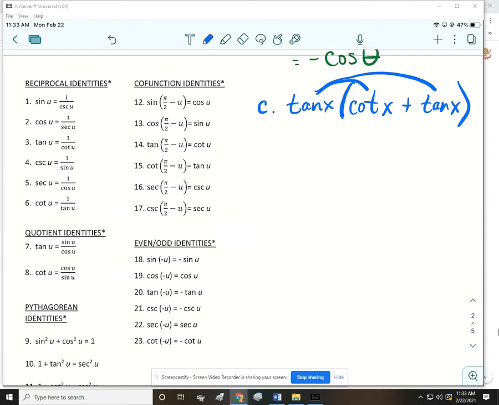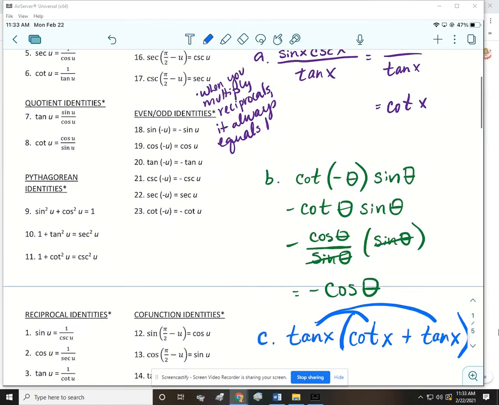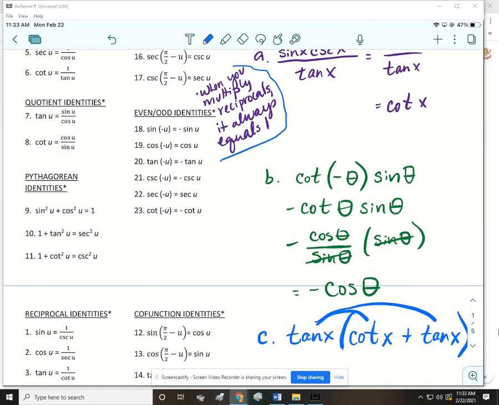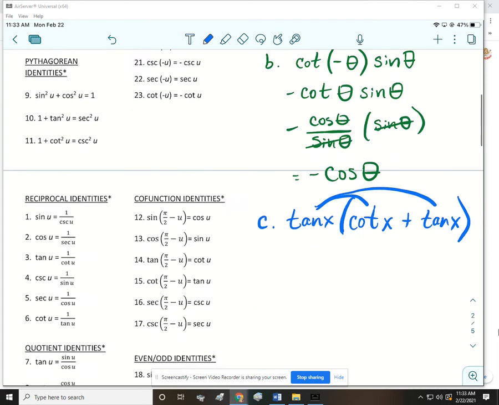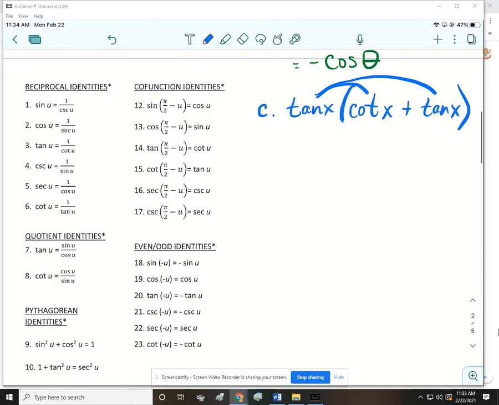I'm going to multiply tangent of x times cotangent of x. What happens when you multiply reciprocals? It always equals 1. So tangent of x times cotangent of x is just 1. Then I'm going to multiply tangent of x times tangent of x. That gives you tangent squared of x.